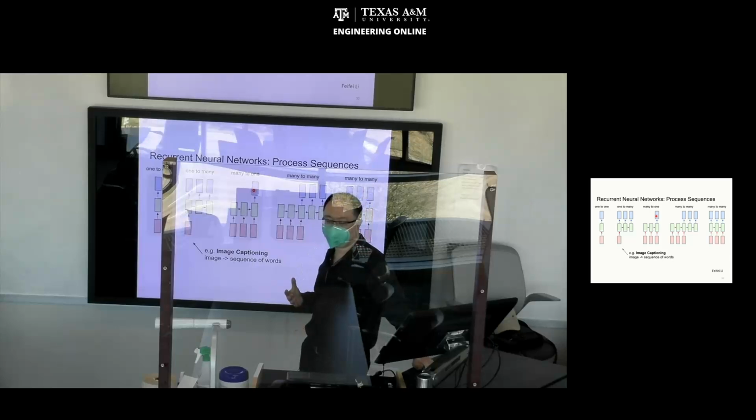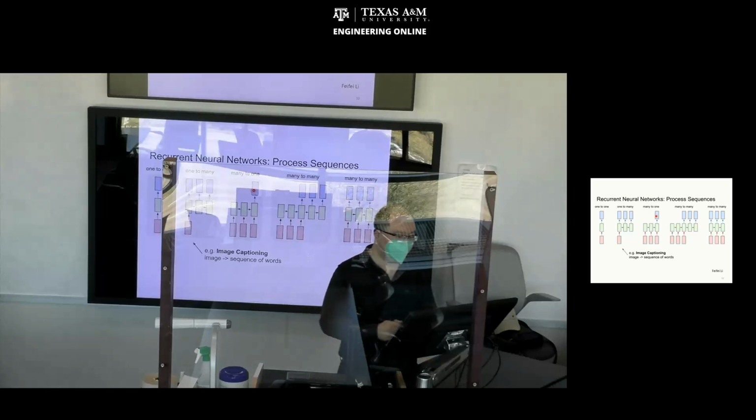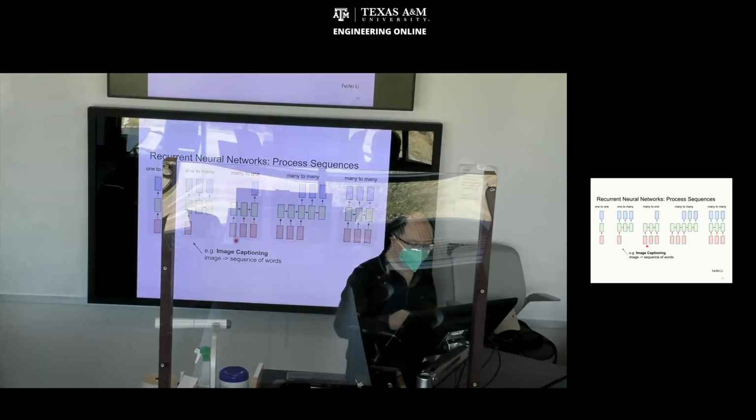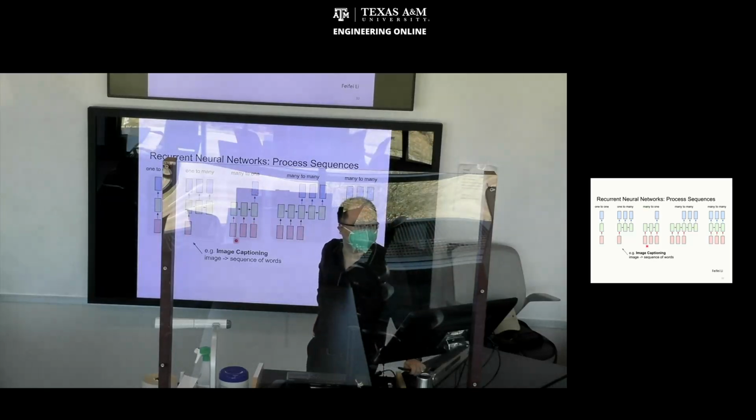Any guess what kind of applications? Can you name one for many-to-one? Any volunteers? One application where the many-to-one architecture may make sense.